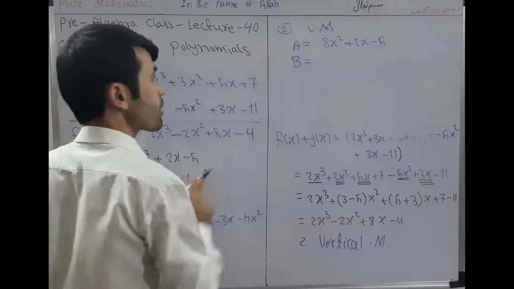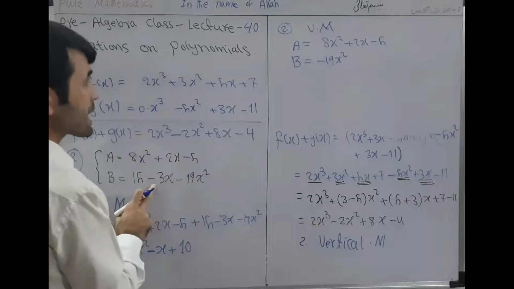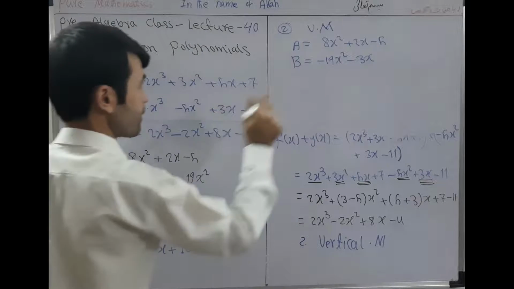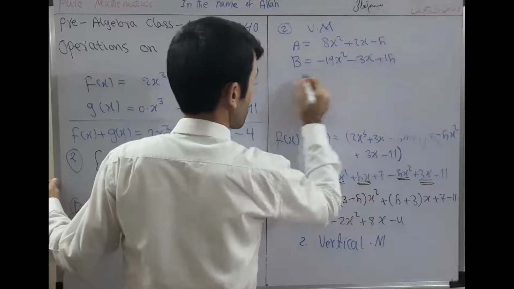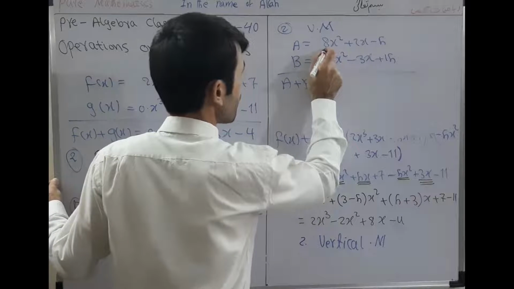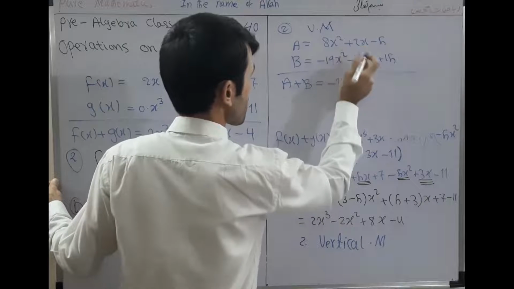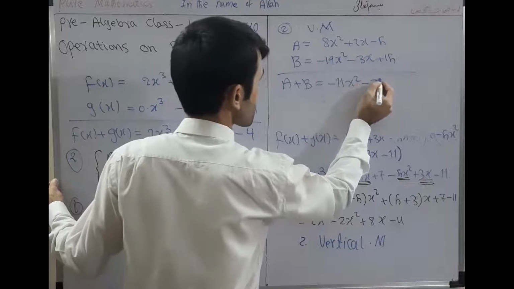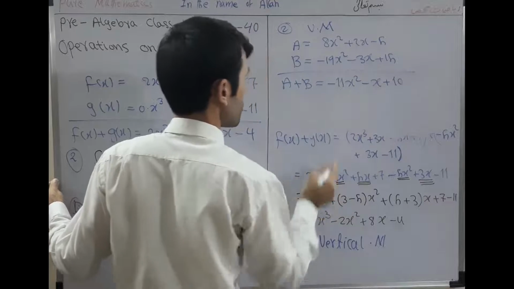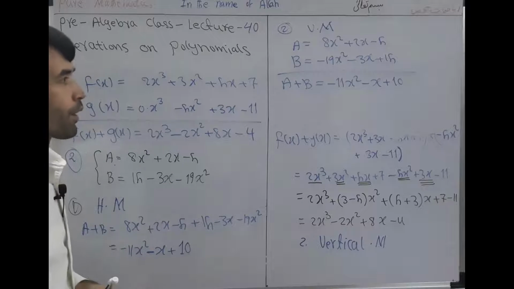Here we have minus 19x square minus 3x plus 15. Now we want to add these two. a plus b is equal to 8 minus 19, minus 11 x square, plus 2 minus 3, minus x, minus 5 plus 15, plus 10. It is the result. Both of them are the same.